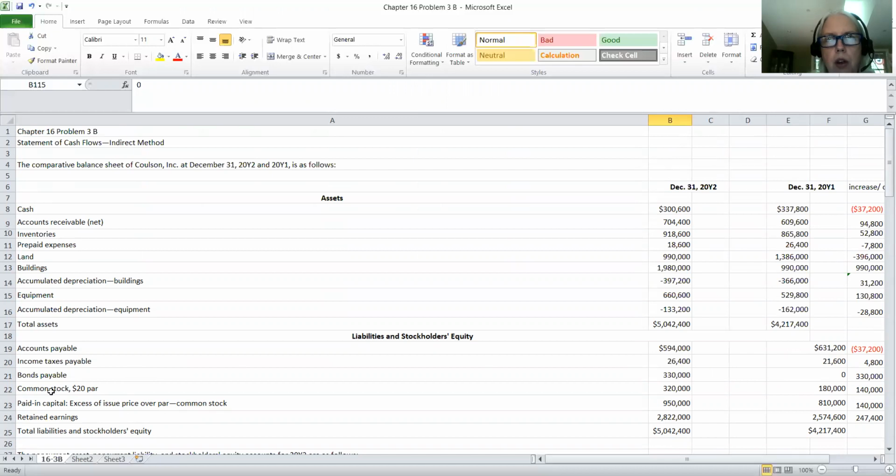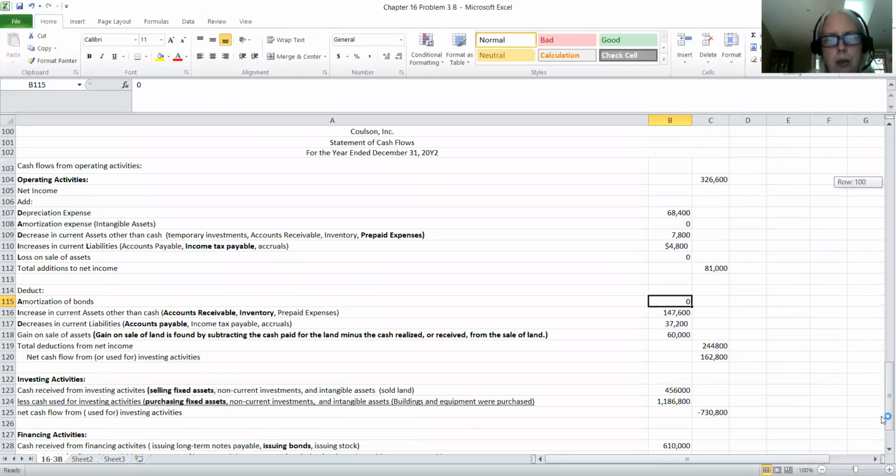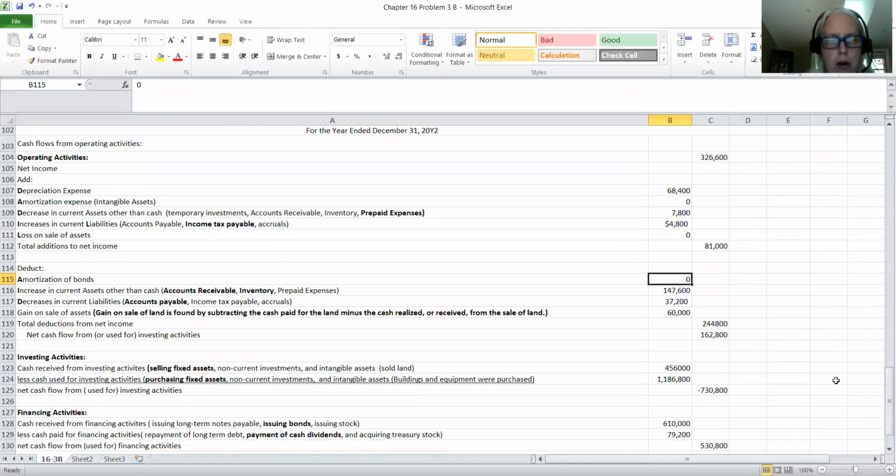If we were amortizing, we would either be amortizing a discount or a premium on the bonds, and that would have to show up underneath this category. So what that tells us is that the bond sold at face value. There would be no amortization that we have to keep up with. So on our operating activities where it says amortization of bonds, we would record 0.